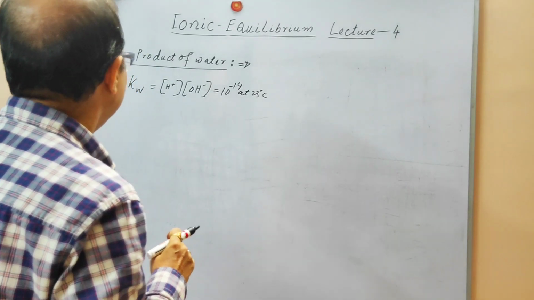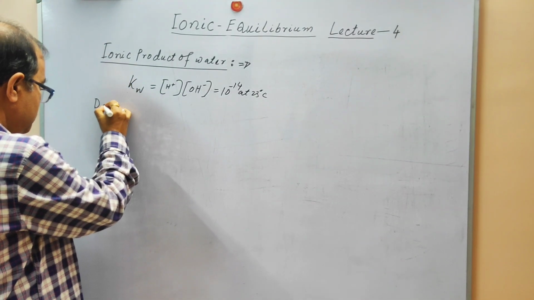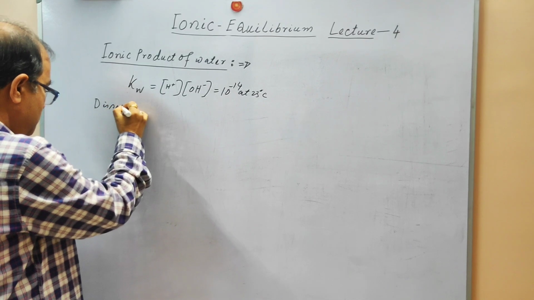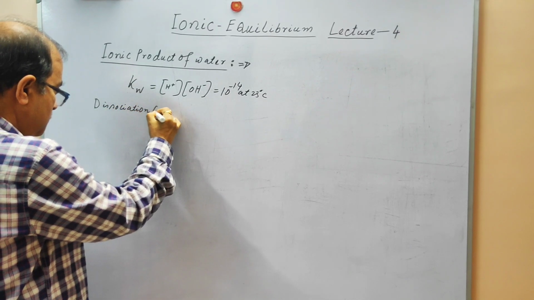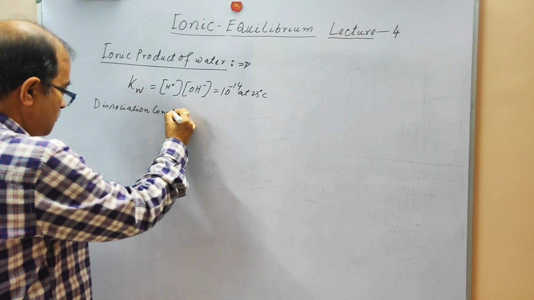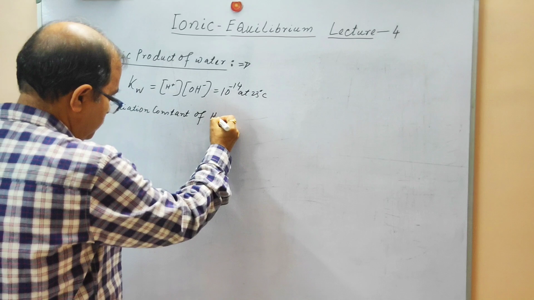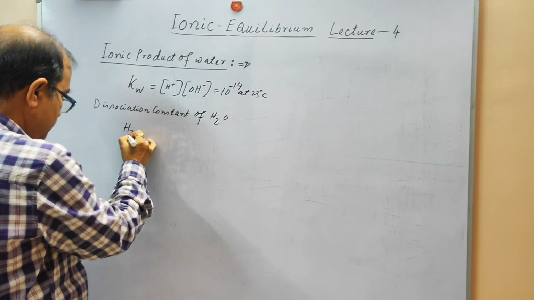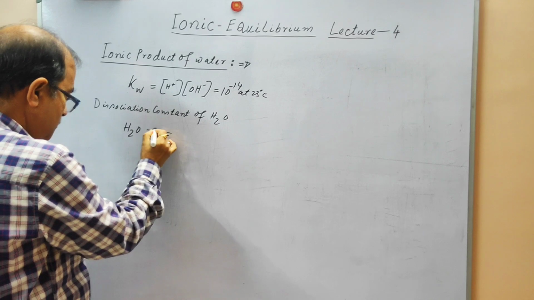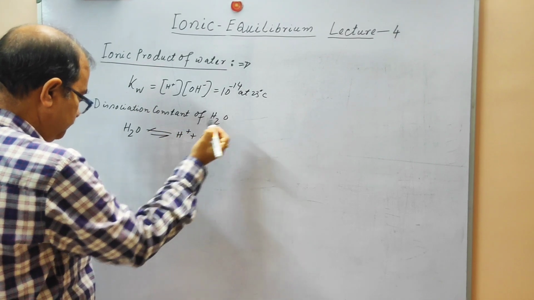And now we calculate the dissociation constant of water, from this equilibrium, that is H2O, it is going to produce H plus and OH minus.